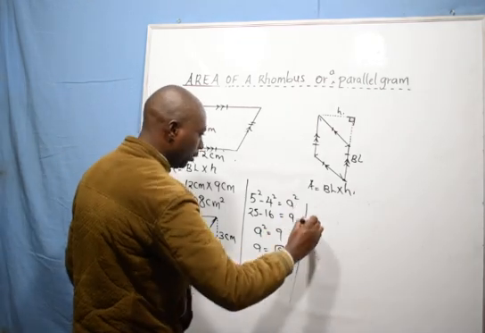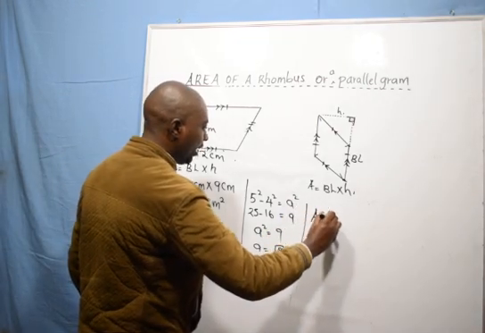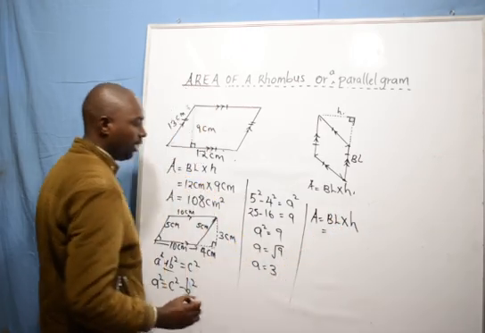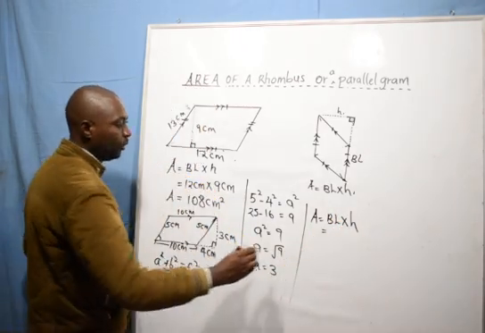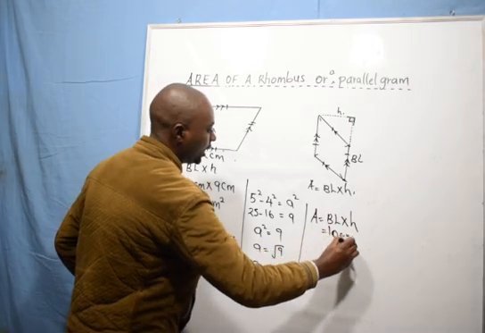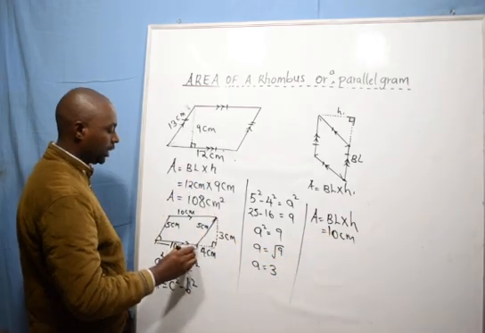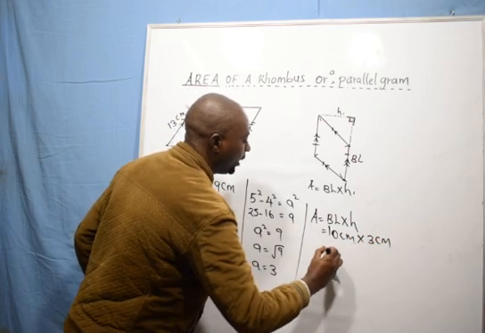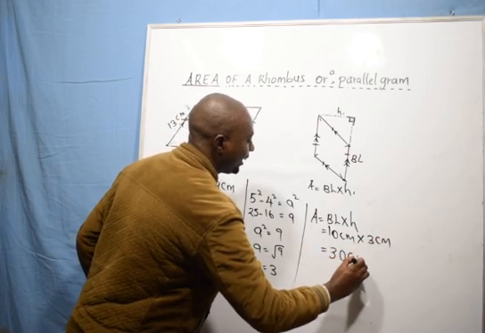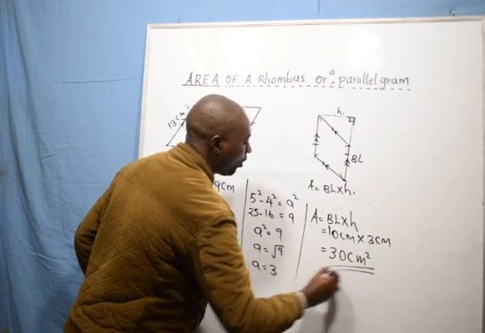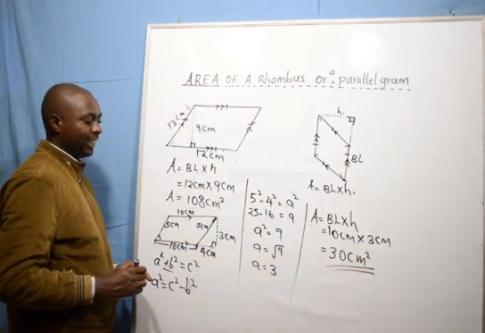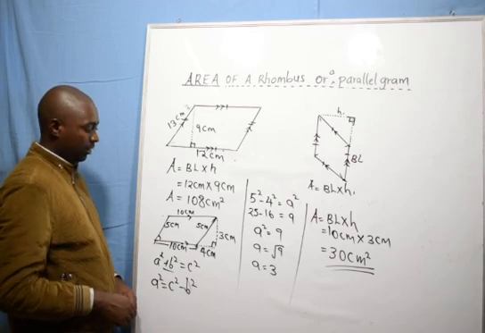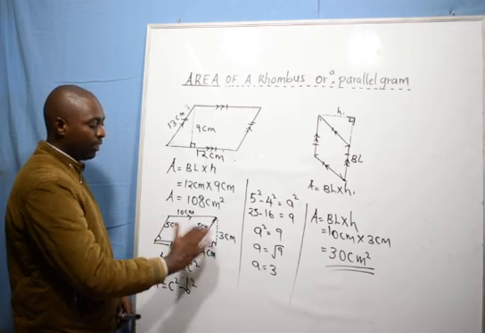We simply say that the area of that figure is the base length multiplied by the height. And I've said base should not be outside the figure, which is 10 centimeters, restricted up to this level, multiplied by the height that I obtained, and you get that the area of that figure is 30 centimeters squared, or 30 square centimeters. You have worked out the area of this figure without being given the height.